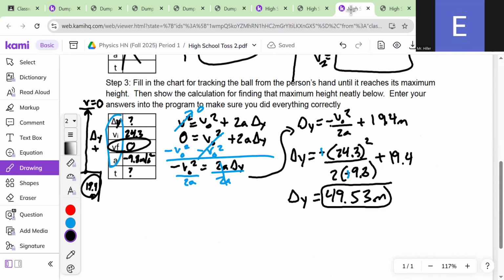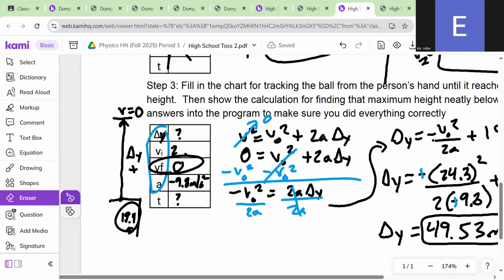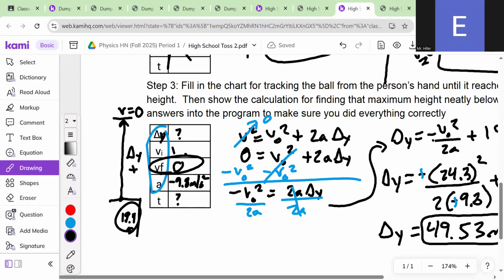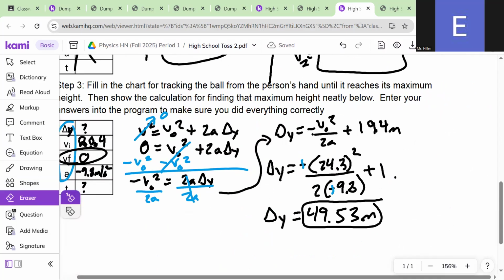And then to finish my problem off here, let's see, 20.4. Fix that. Okay, 20.4. Everything else seems to be intact. So all I need to do is change the height of the building, change my initial velocity, and that's going to change my max height.